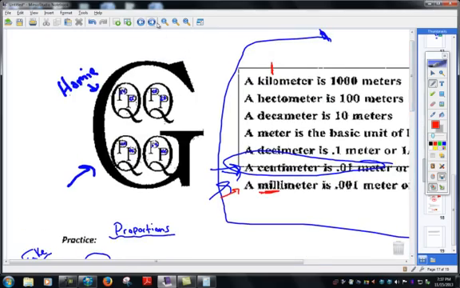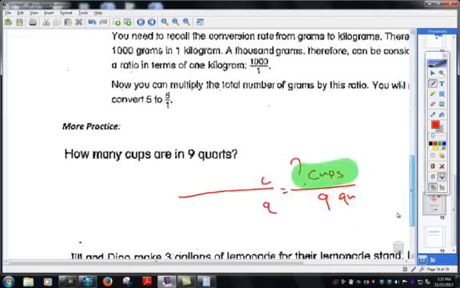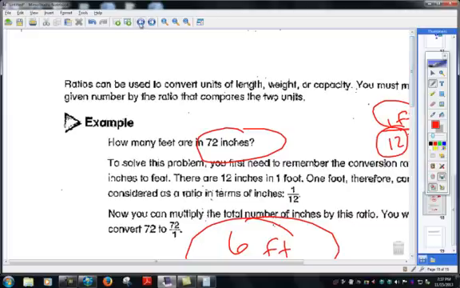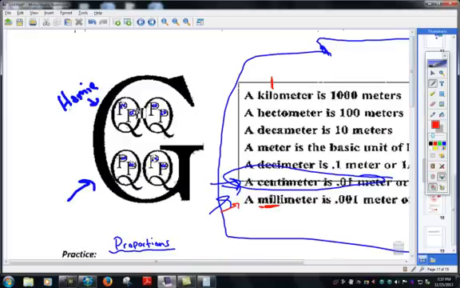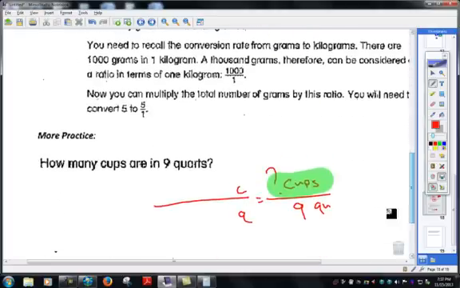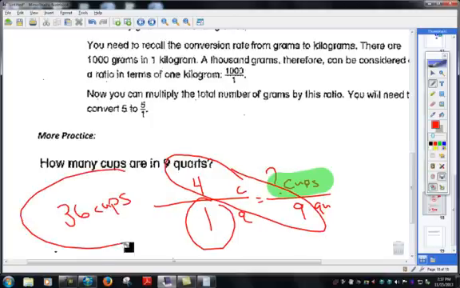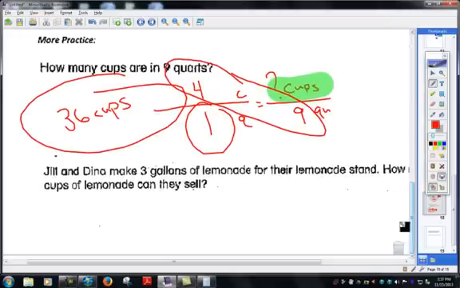Cups to quarts. So there are 1, 2, 3, 4 in each quart. So 1 quart is 4 cups. Now we cross multiply. We divide. 36 cups. It's all ratios, guys. It's just the same thing over and over again.